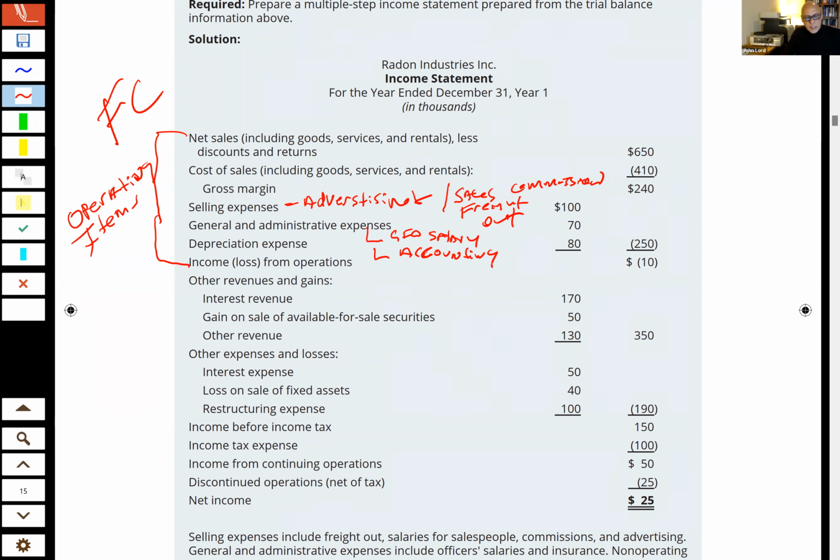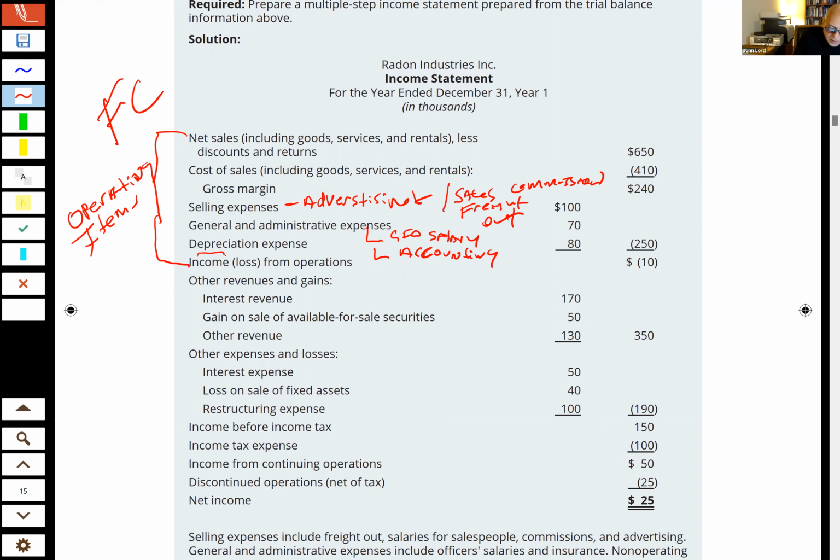Okay, so be careful, guys, because sometimes companies will put that all on one line item, but note that the nature of these things are quite different, aren't they? Advertising versus the CEO salary is a lot different. CEO salary, accounting, you're probably going to be fixed, whereas sales commission is probably going to be variable. So their nature is very different, even though sometimes companies will report them all on one line item.